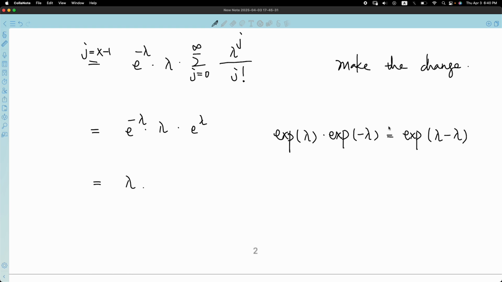So lambda plus negative lambda equals 0, and e to the 0 is 1. So they become 1 and disappear, leaving lambda. Our conclusion up to this point is that E of x for the Poisson random variable equals lambda.